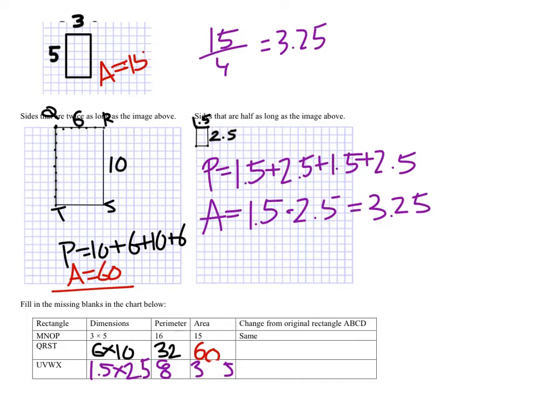That makes a lot more sense, by the way, because of the fraction. So yeah, using a calculator to do that multiplication was much better. 3.75, which is a fourth of the area of the original, the 15 up in here.